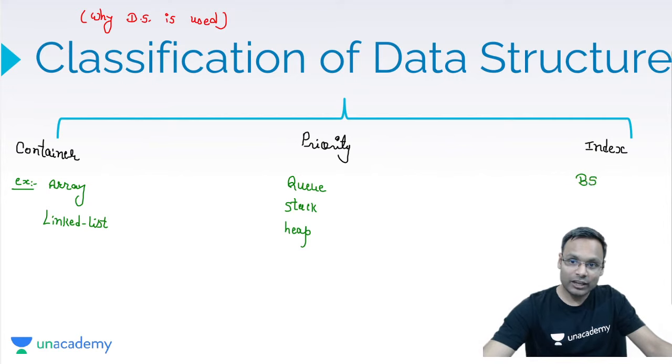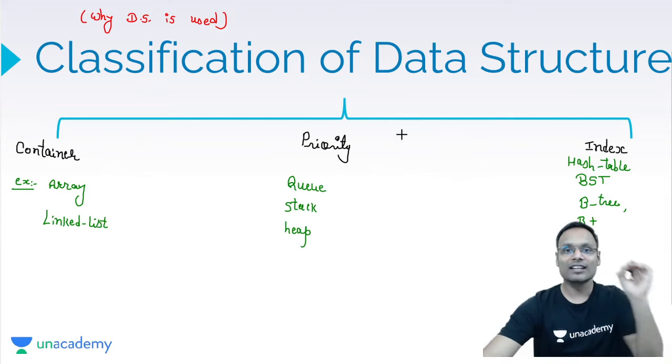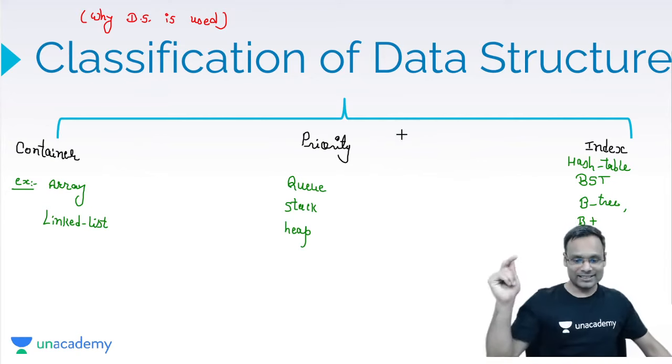Binary search tree we have, B tree we have, B plus tree we have, then hash tables we have. I can write it here. These are the data structures which are classified as index class, used for indexing purposes.